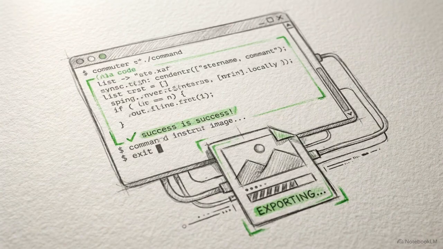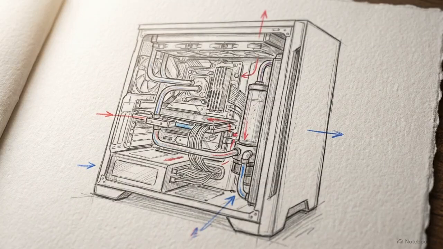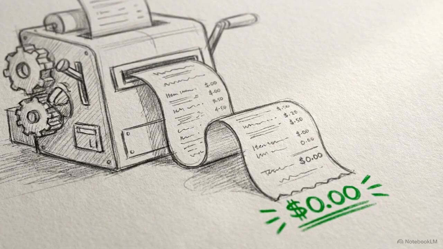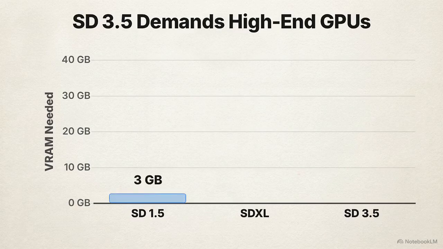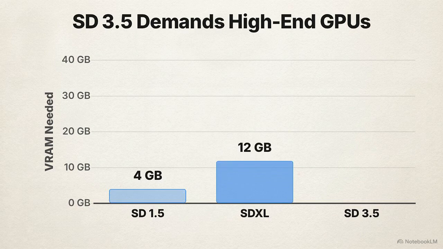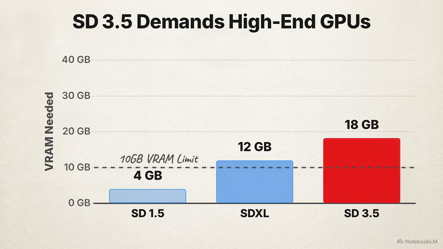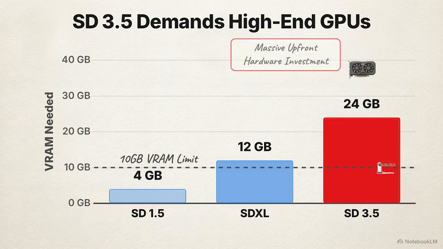Stable Diffusion bypasses all of this. Running the software locally means zero cost per image, ensures absolute privacy, and total freedom from corporate censorship. This bar chart reveals the hidden barrier to entry for open source. While older models require very little VRAM, running the newest SD 3.5 efficiently requires a massive upfront hardware investment, specifically a high-end NVIDIA GPU.